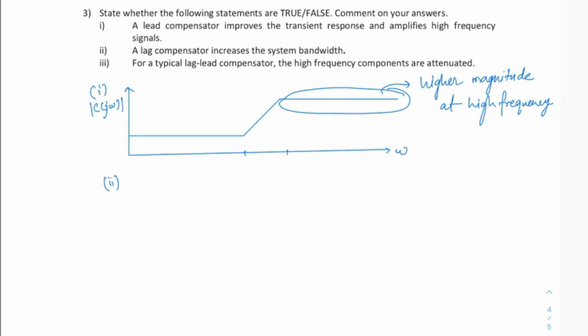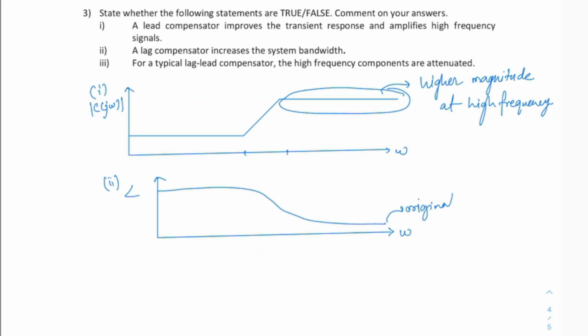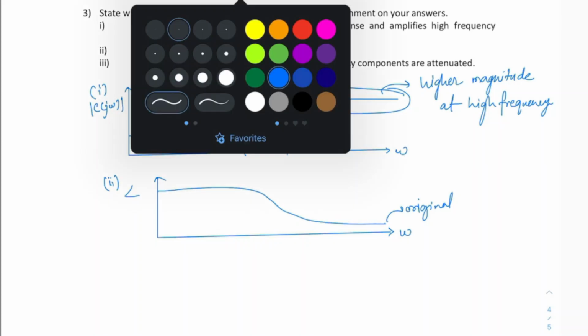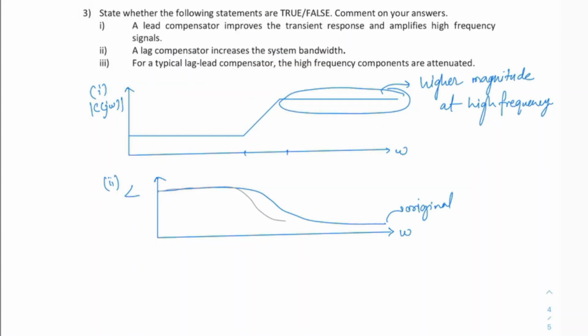Now coming to the second part, a lag compensator increases the system bandwidth. This statement is false because if we draw the phase diagram, so if the blue one happens to be the original one, then this would be compensated.